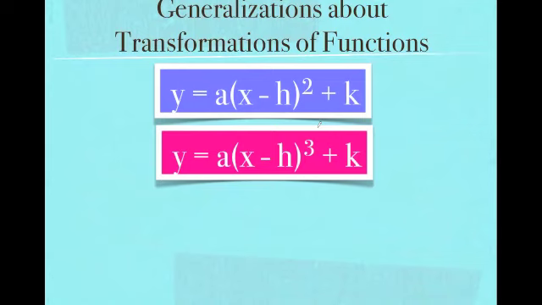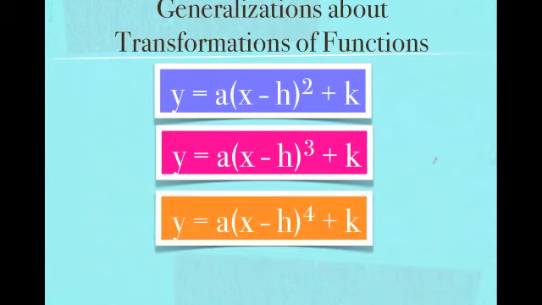Okay, here is a transformational form or the vertex form of a cubic, and I know it's a cubic because of the 3. And then this one is a quartic, because of the 4. It tells you the stretch that's happening.